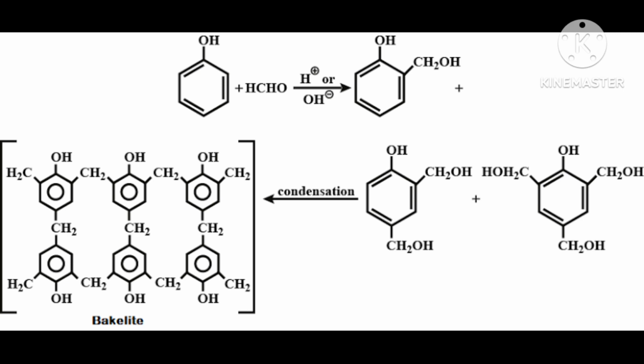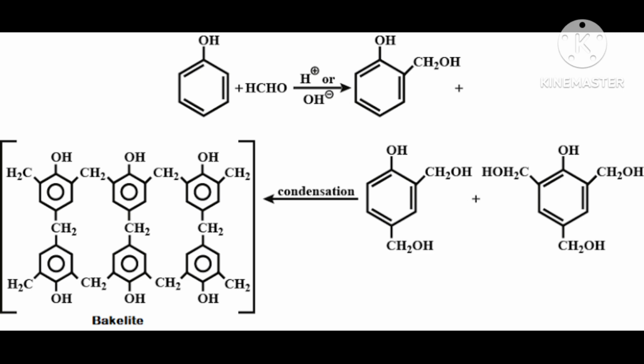Okay, in the aldehyde, you know the carbon and oxygen double bond is there, correct? Between C and O, one bond breaks, then O will be negative and carbon will be positive, correct?